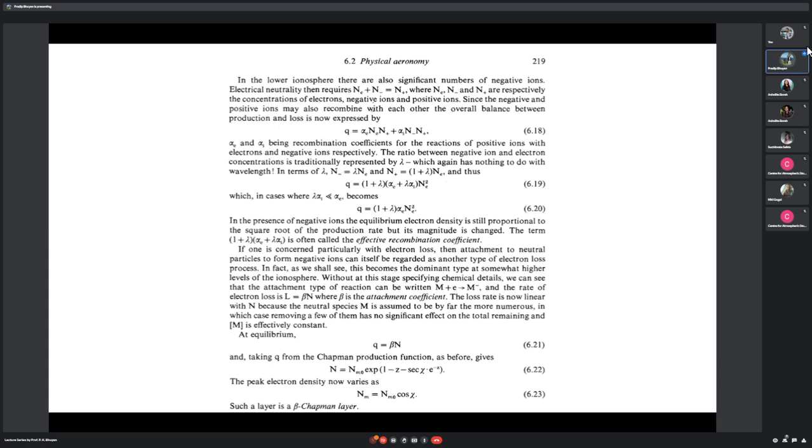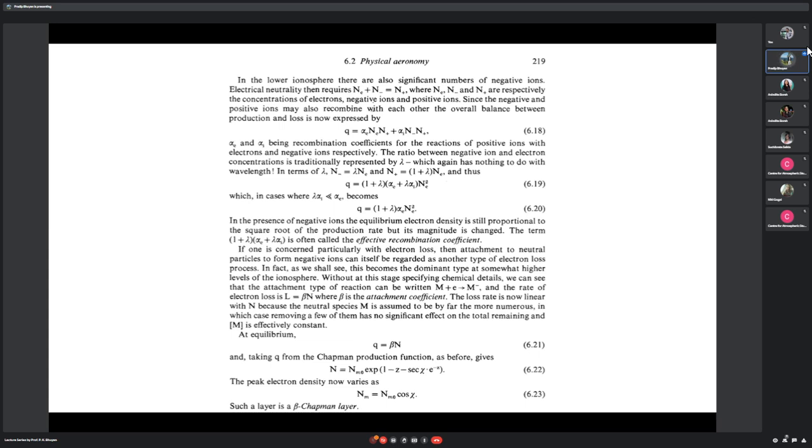Okay, but here, alpha I is very, very small compared to alpha E. Alpha E is the recombination coefficient for electrons, and alpha I is the recombination coefficient for ions.